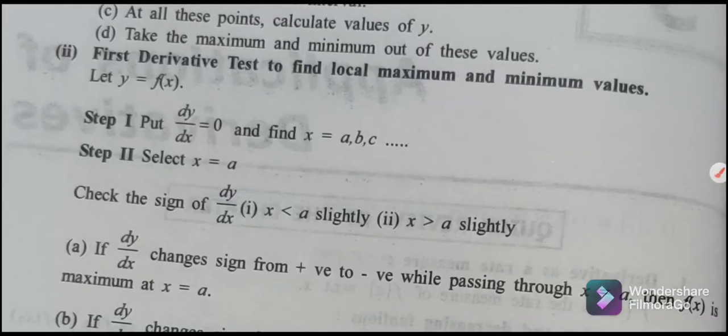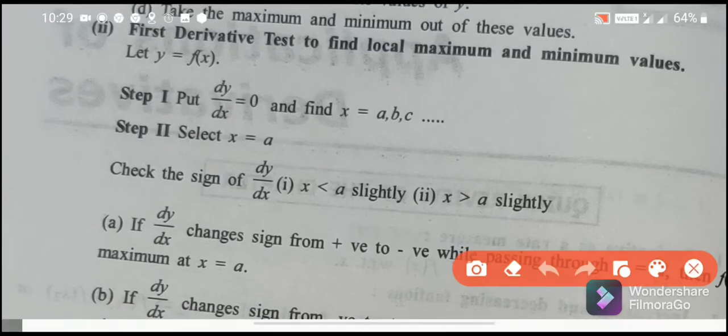Next, first derivative test. In first derivative test, first of all find dy by dx equal to 0 and find values of x equal to a, b, c, let us suppose. Next step, at x equal to a, check the sign of dy by dx for x less than a and x greater than a.